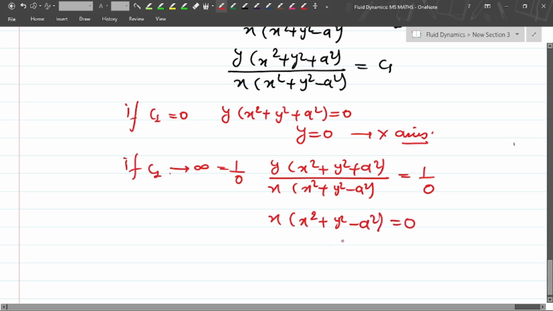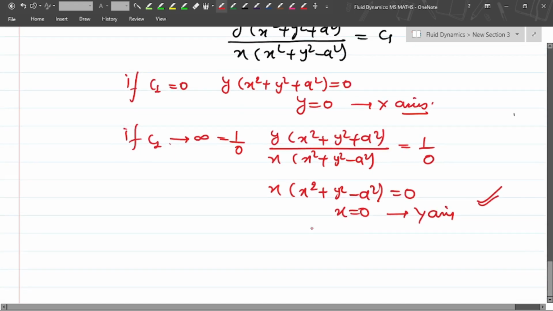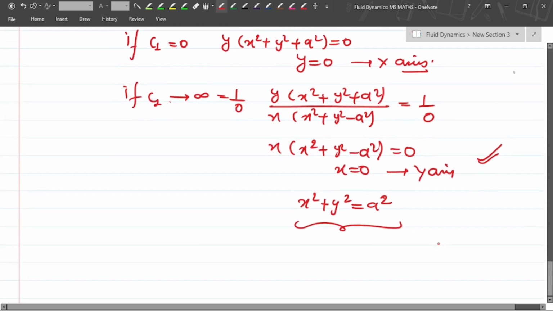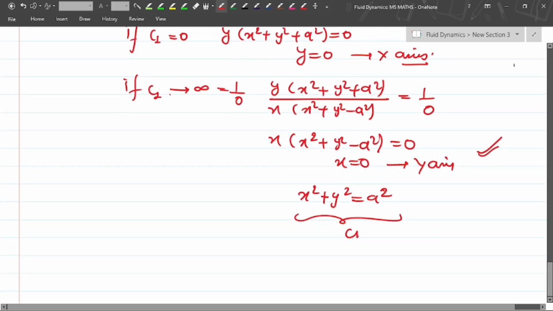This term will never go 0, so this is equals to 0. What? Y axis. So this is the case we have to prove. Now you can see, if it is 0, then x square plus y square is equals to a square. This is the circle of radius a, at y-axis, circle of radius a.